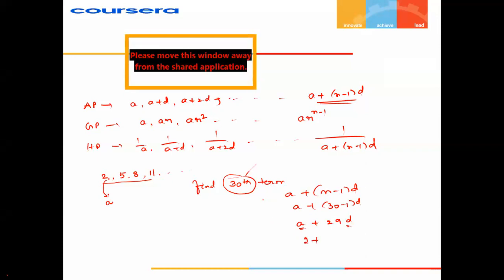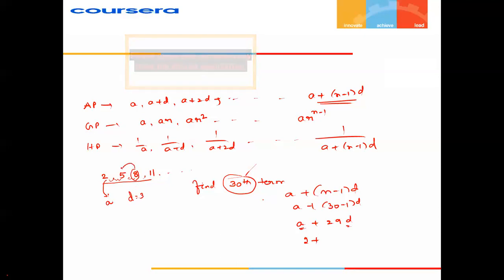What is d? It is the standard number we added to each term. 2 plus 3 is 5, 5 plus 3 is 8, 8 plus 3 is 11. The common difference is very simple to find. Take the difference in the reverse direction: 8 minus 5 is 3, 5 minus 2 is 3. So d equals 3.